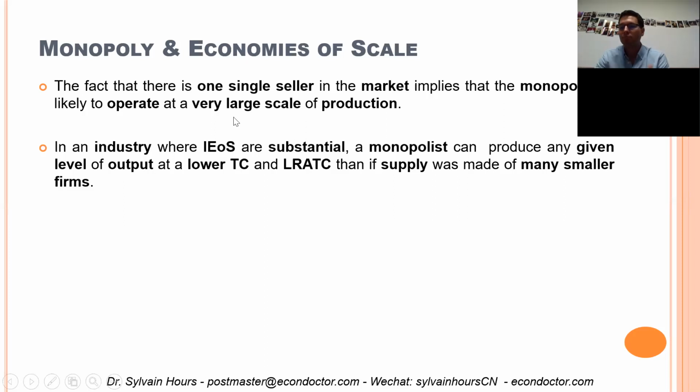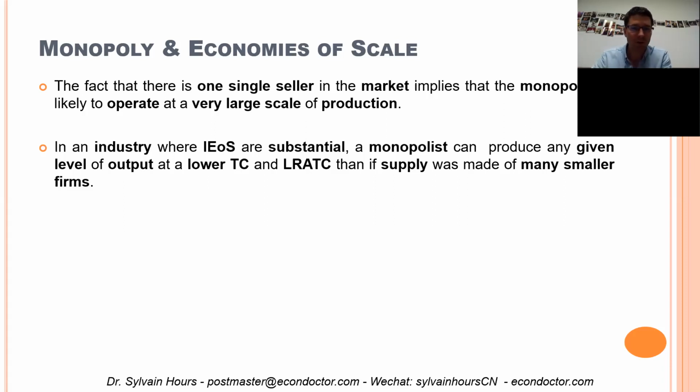If the cost structure in this industry is such that your average cost of production decreases significantly as you increase your output, then a monopolist can produce any given level of output at a lower total cost and long-run average total cost, because remember that the concept of economies of scale is a long-run concept, than if supply was made of many smaller businesses.